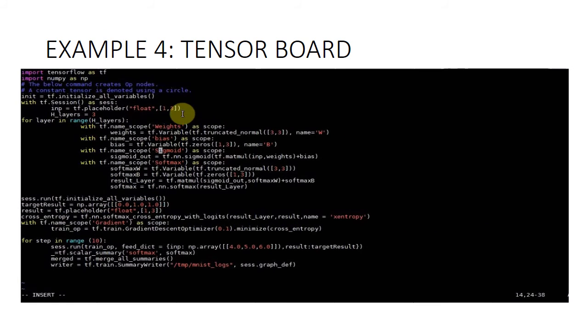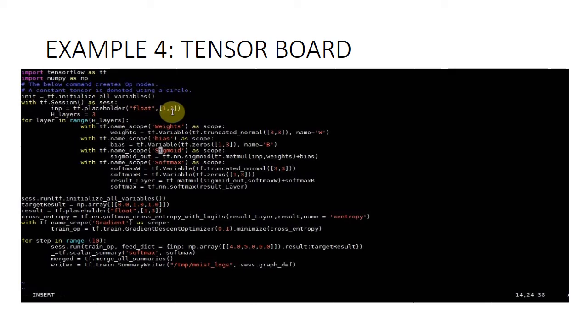Example 4. In this program, we are primarily focusing on how to generate a graph using TensorBoard. So this is a program which does a set of computation on a random set of values. So to give you an idea about what is happening in the program, I have an input placeholder tensor value of type float and of shape 1, 3.